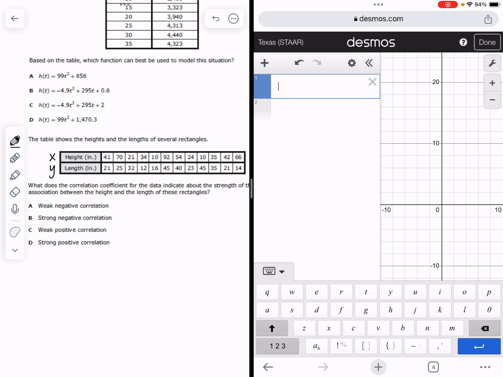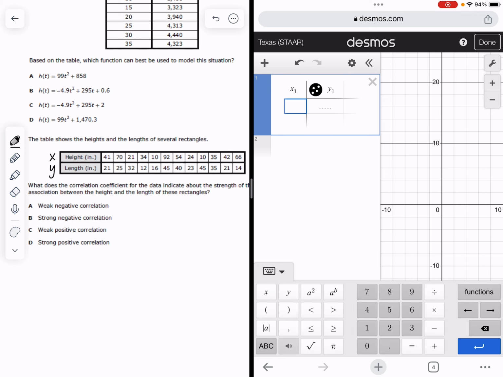So the top row is usually your x's. Usually, it will always be your x's, and the bottom row will be your y's. So I'm going to add a table, and I'm going to type the top row into the x column.